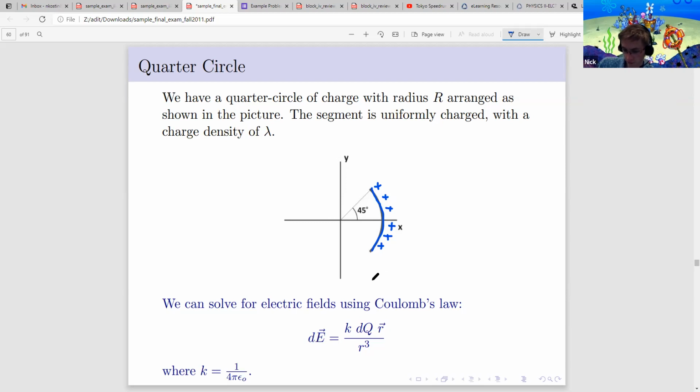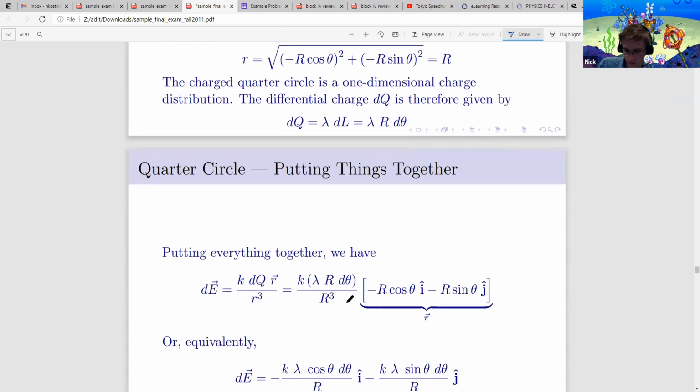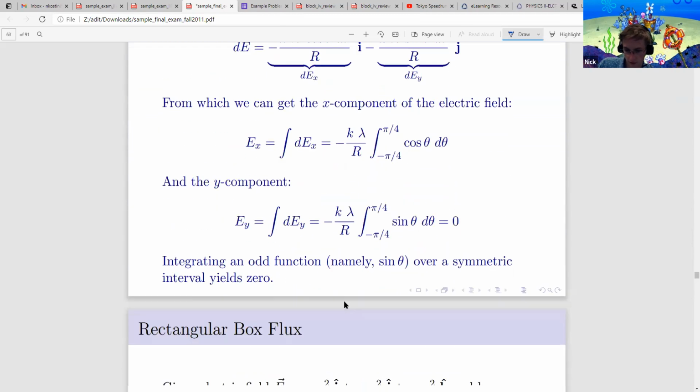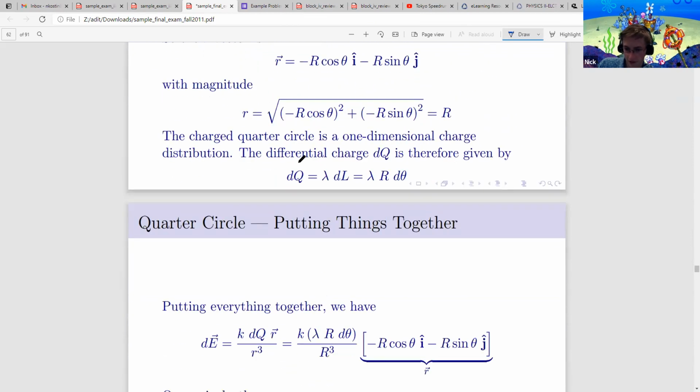What changes by virtue of this being a one-dimensional charge distribution is the dq. So the charge quarter circle is a one-dimensional charge distribution.